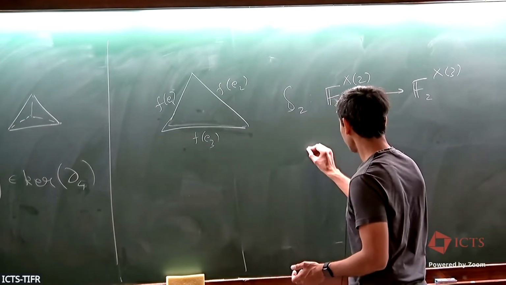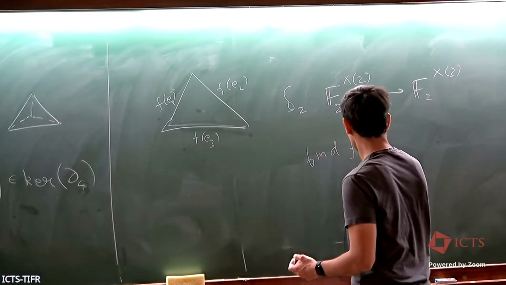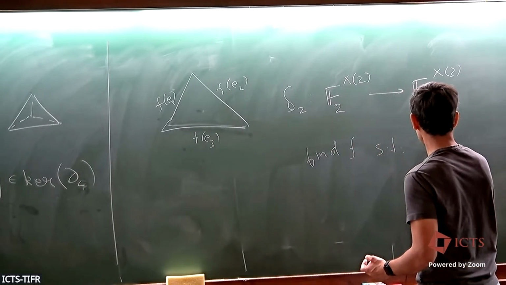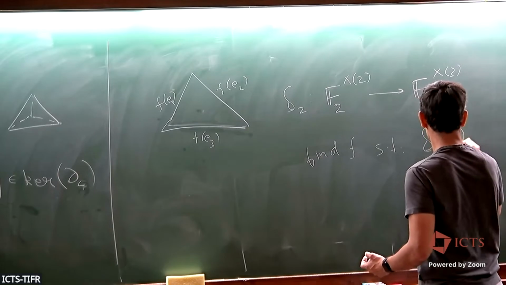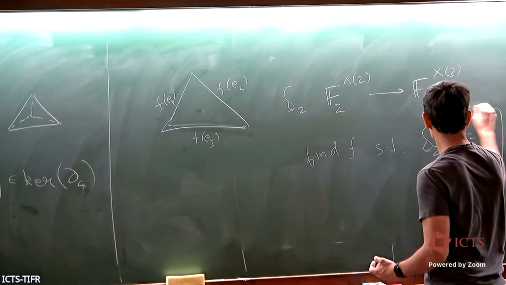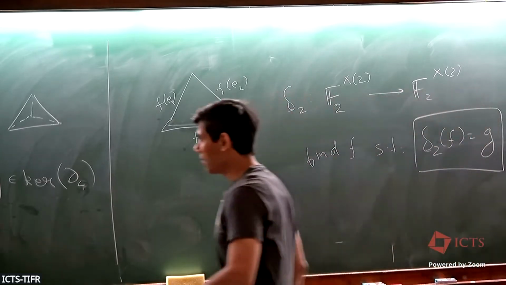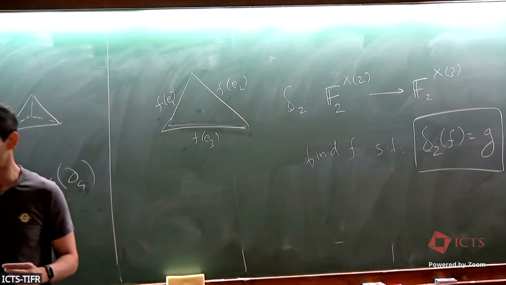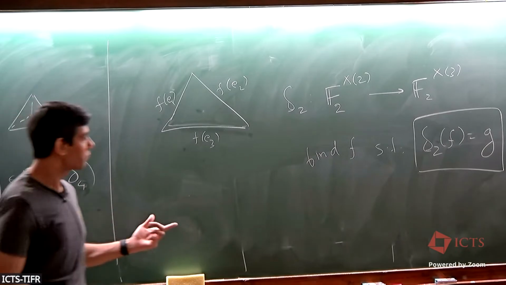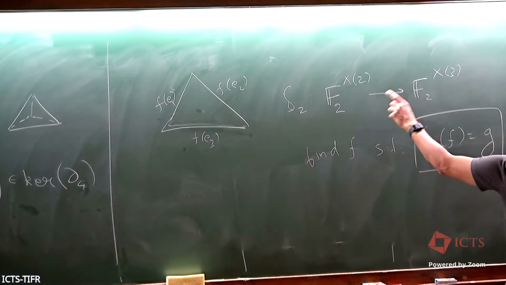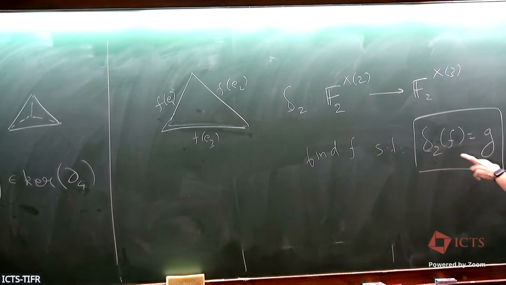Find an f such that the co-boundary operator applied to it gives me G. Satisfiable means there is an f, a labeling of the edges, such that the co-boundary operator applied to that gives me G exactly.